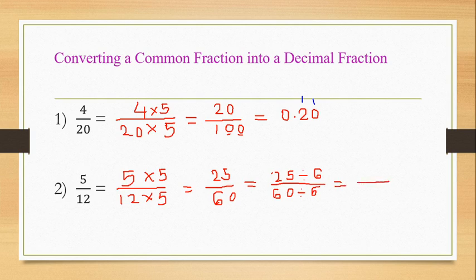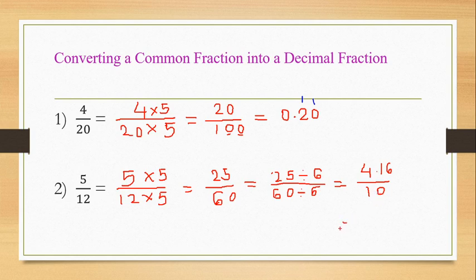Now the denominator becomes 10. 60 divided by 6 gives you 10, and 25 divided by 6 gives you 4.16. Clear? Now we have the denominator as 10.